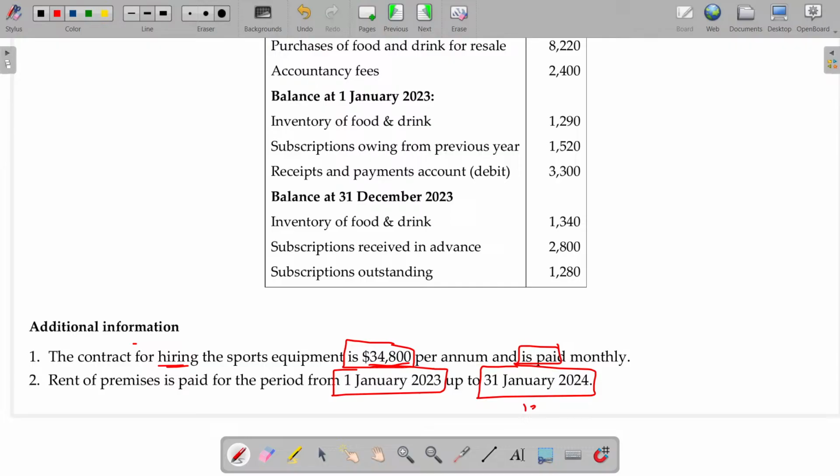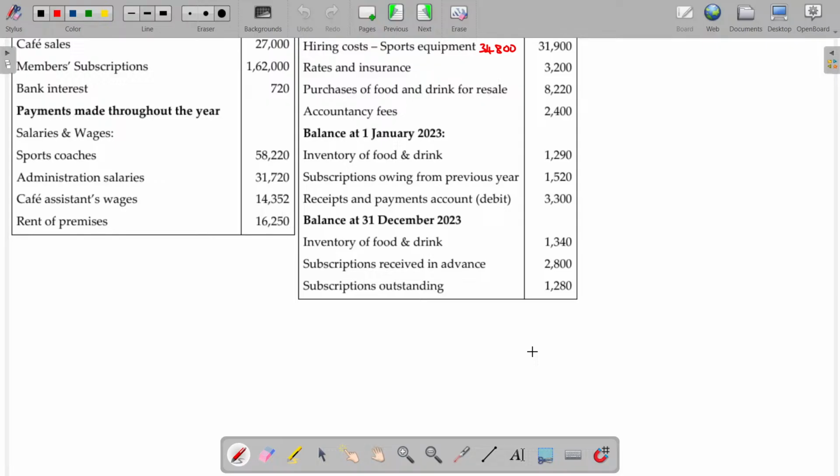The payment is for 13 months: for 2023 completely, and for 2024, 1 month for January. This rent payment is for 13 months.